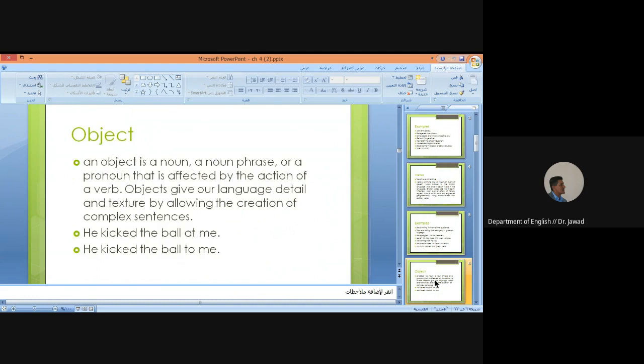So there is an action of a verb which affects this element, which is the object. Objects give our language detail and texture by allowing the creation of complex sentences.